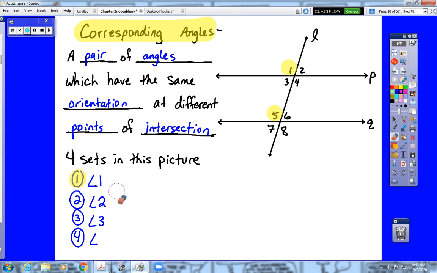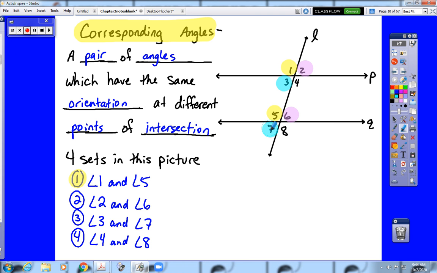Angles 1 and 5, angle 2 and angle 6, angle 3 and angle 7, and angle 4 and angle 8 are sets of corresponding angles. Notice that 2 and 6 are both on the upper right, so they're corresponding. 3 and 7 are both on the lower left, so they're corresponding. And 4 and 8 are both on the lower right, so they are corresponding.